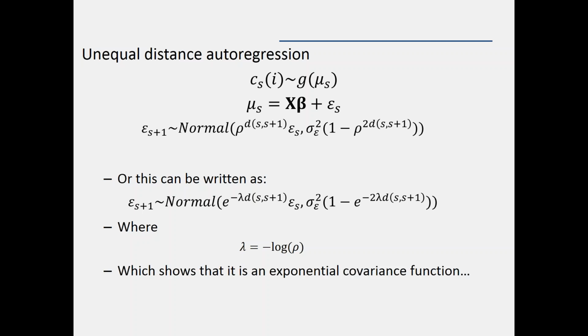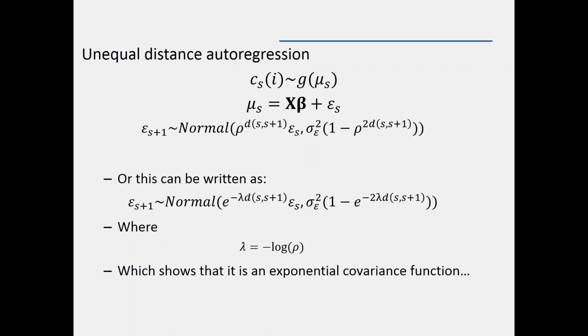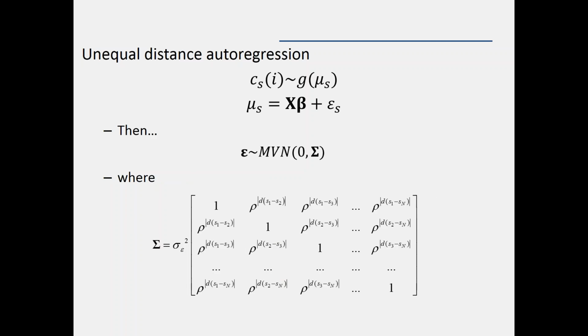The only reason I want to bring up this difference in parameterizations is to point out that this is an exponential covariance function. We can also describe this model, instead of defining the probability of epsilon s plus 1 given epsilon s recursively by sweeping upstream to downstream, by defining the joint probability of all of the random effects as a multivariate normal, with a covariance function equal to this covariance that we derived.